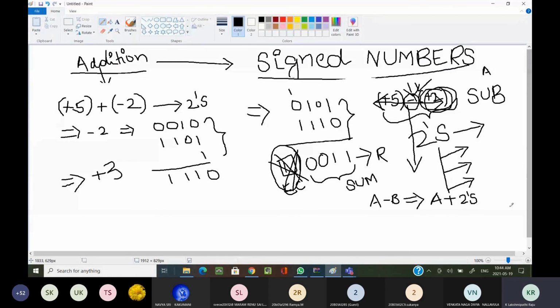For this expression also, calculate the 2's complement of plus 2. What are you going to get? You are going to get this same thing only. If I calculate the 2's complement of plus 2, I am getting this only. Now I am adding that value to A.